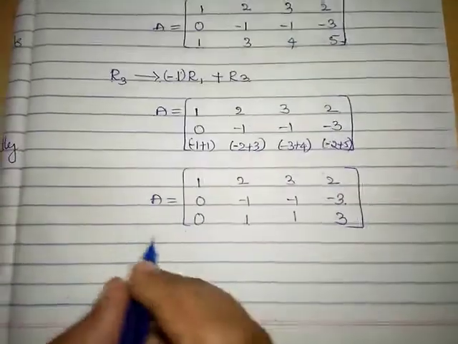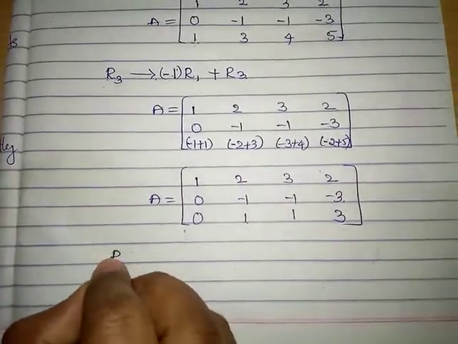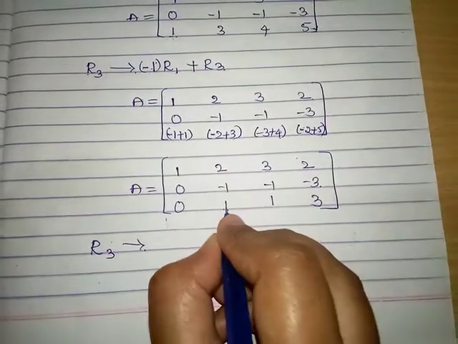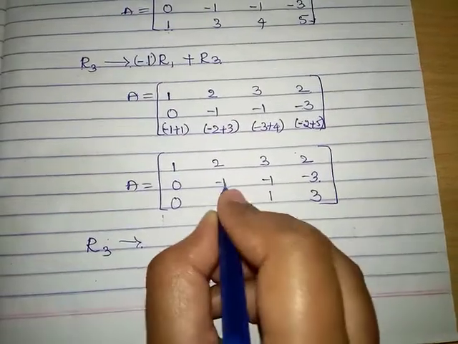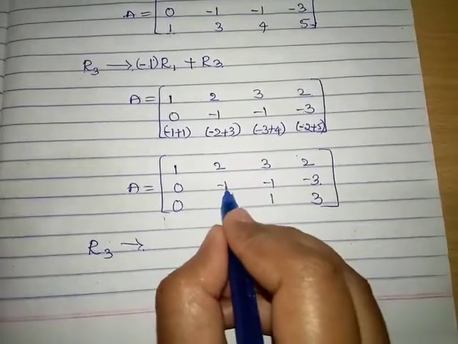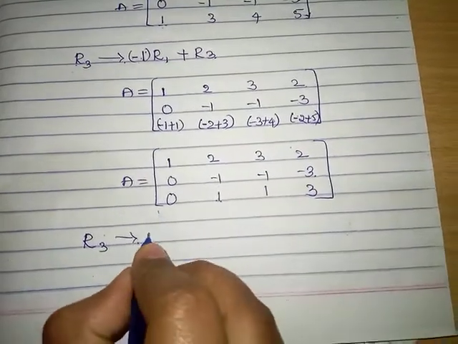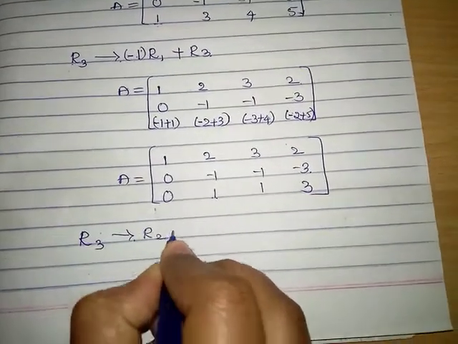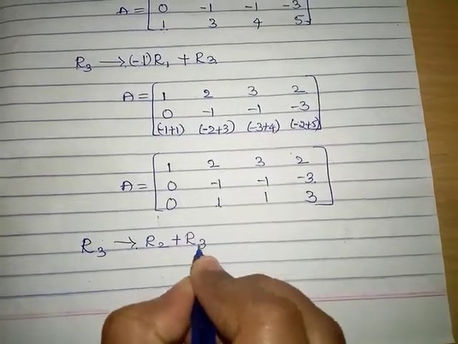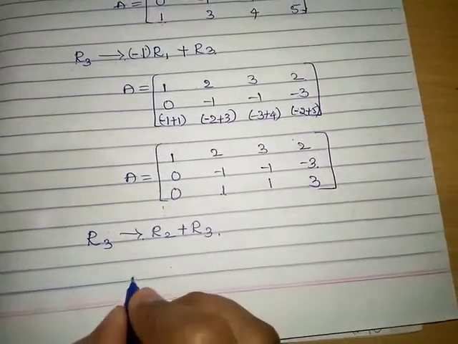To make this element 0, I will apply the transformation for R3. R3 changes to, here it is R1, here this is R2. When we add these two, minus 1 plus 1 is 0. Therefore, R2 plus R3 I will apply the transformation.